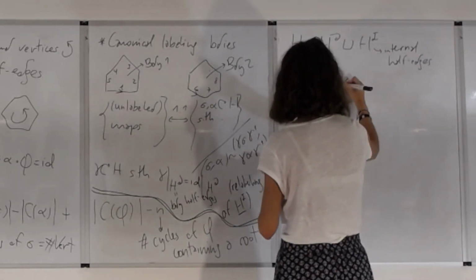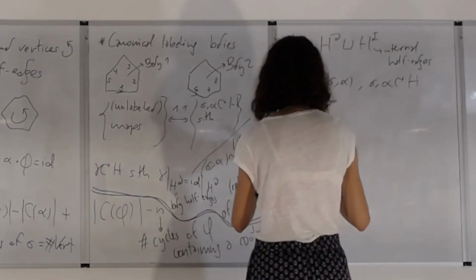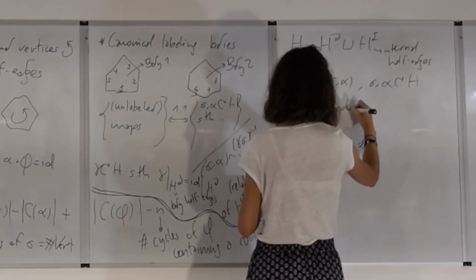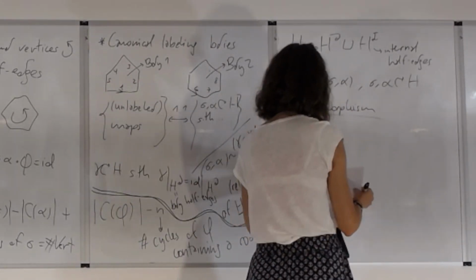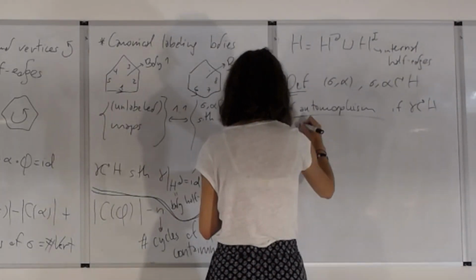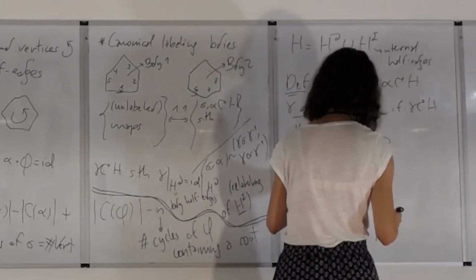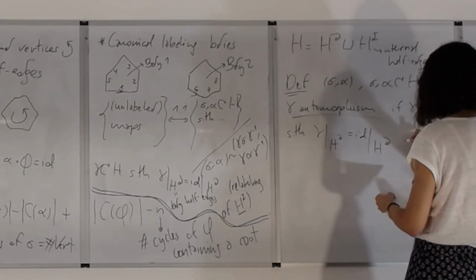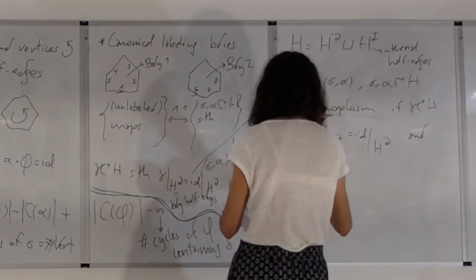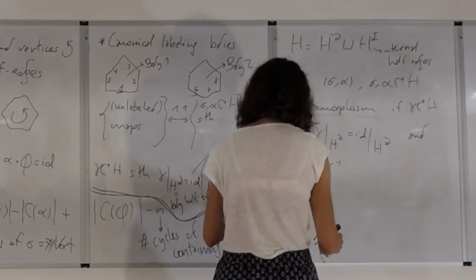So if we have a combinatorial map with sigma and alpha acting on the half edges, we call gamma an automorphism if gamma, acting on the half edges, is fixing the boundary, and these guys are actually equalities. So we actually have that they commute with sigma and alpha.